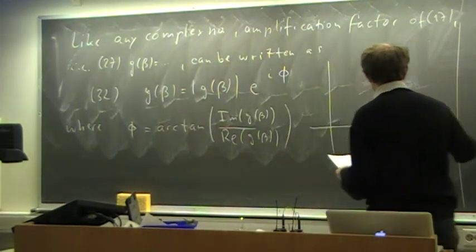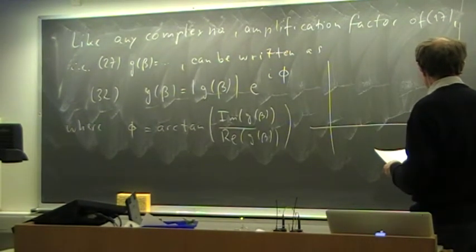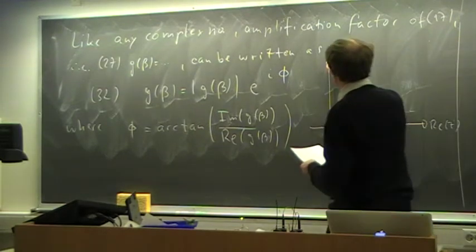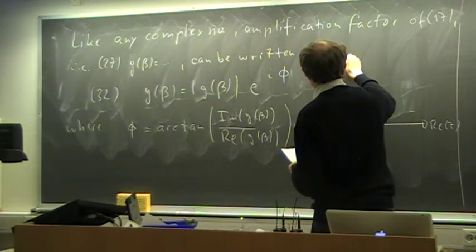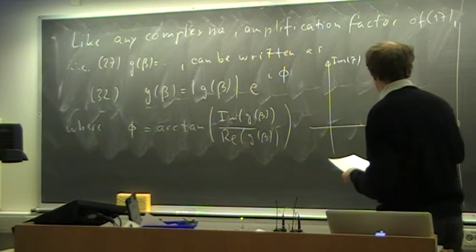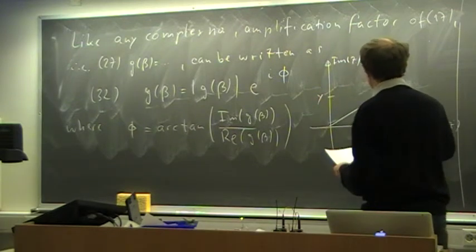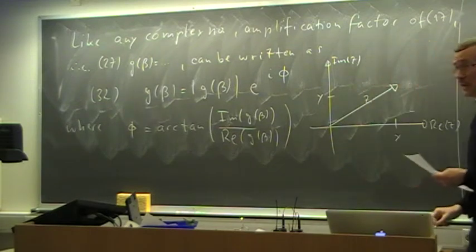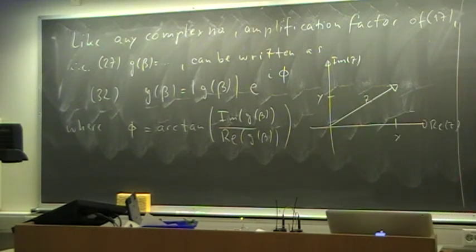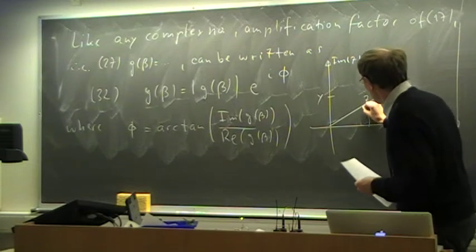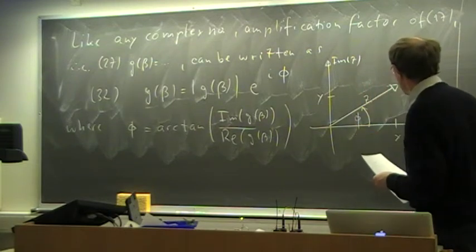The idea comes from the real part of, say, a complex number z and the imaginary part of the complex number z. We have x here and we have y here. You can imagine that is our complex number z. Then we will have this angle here, that is the angle phi.